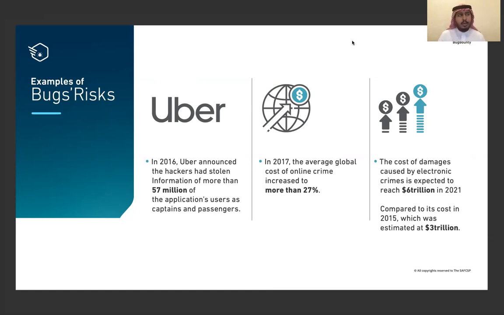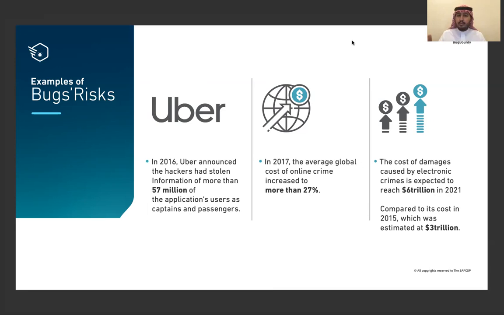This, of course, also increased the number of cyber crimes. In 2017, the average global cost of online cybercrime increased by more than 27%. And in 2015, for example, the cost of cybercrime was estimated at $3 trillion, and it will increase.